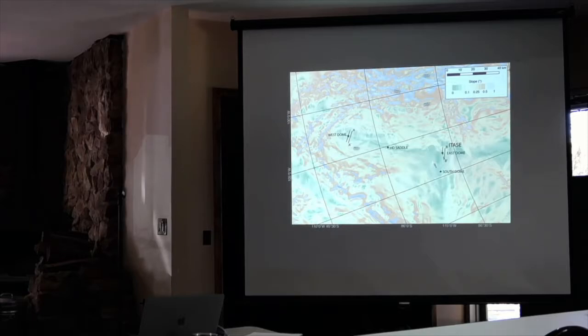I want to start with West Dome, recognizing that this represents a fairly large area, about 70 kilometers between them.